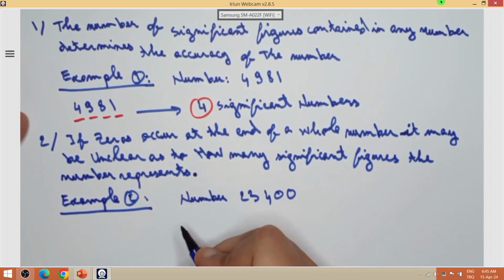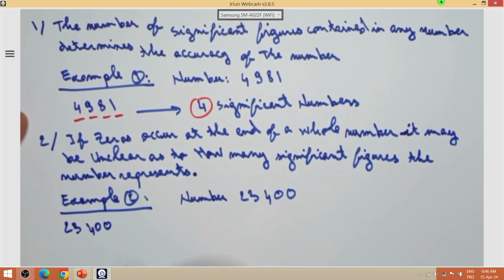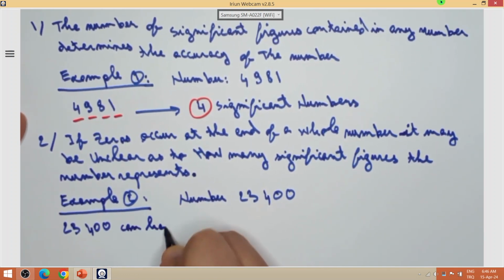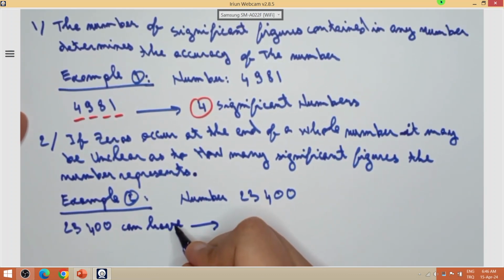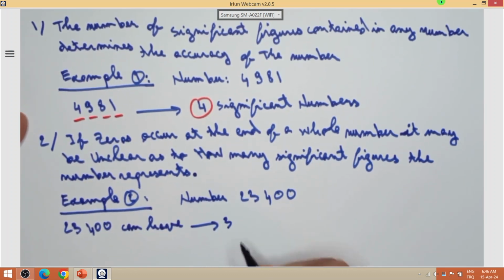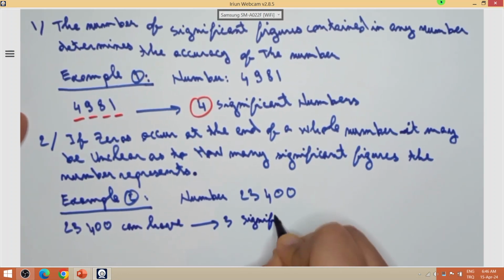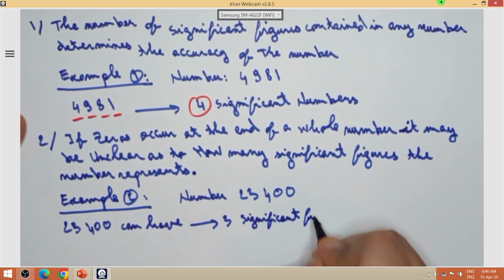So if we speak about this number, 23400, this number can have 3 significant figures.